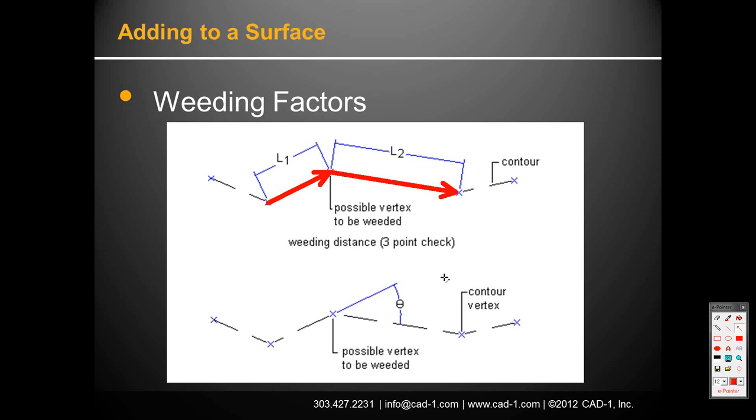If the sum of L1 and L2 is greater than my weeding factor, then the data here is very sparse, and nothing happens. But if L1 plus L2 is less than the weeding factor, then the data is very dense, and this point becomes a candidate for removal.